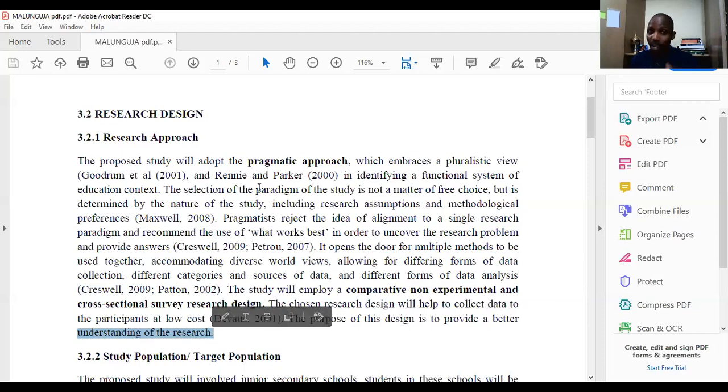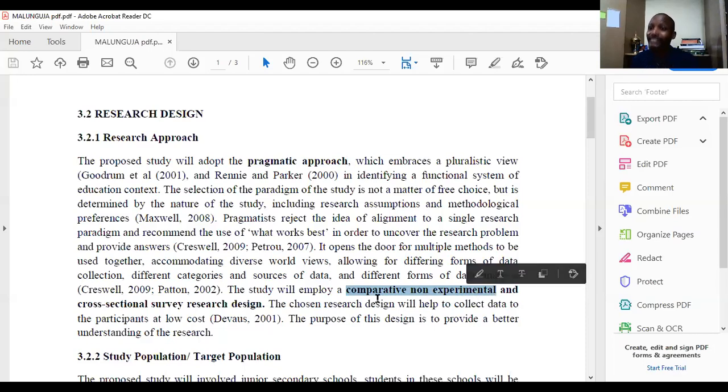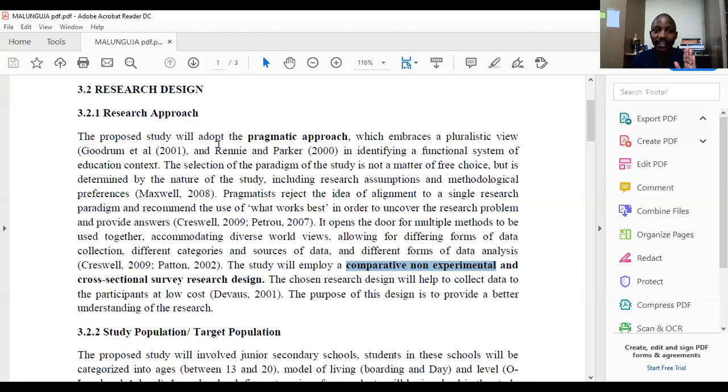Fine. So we have shown which approach is going to be used in this study and what kind of design, and the researcher has provided supportive evidence to favor his study. That was one section within the research design.